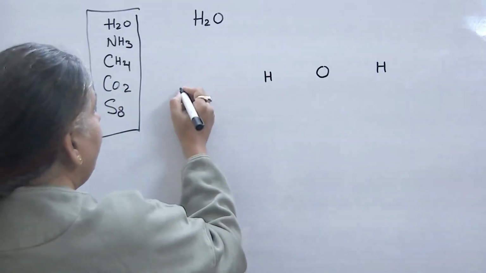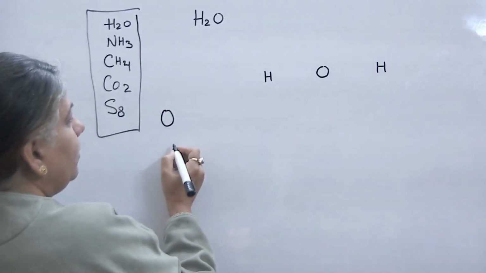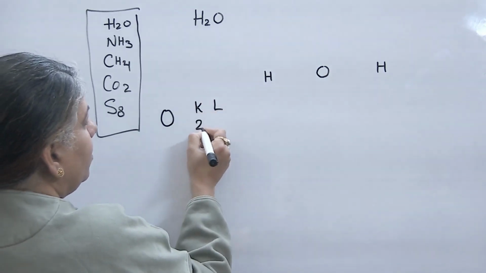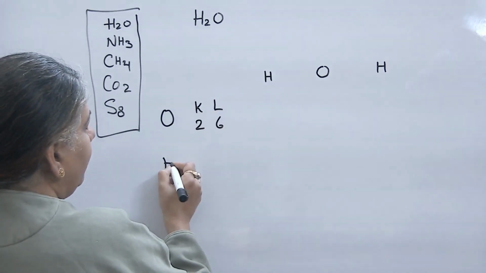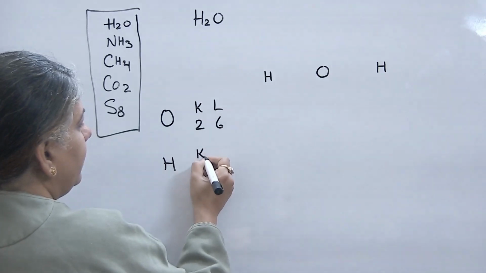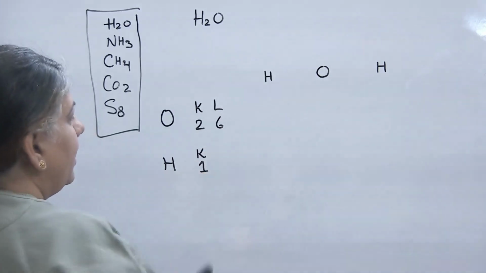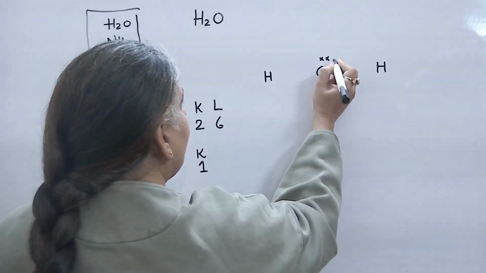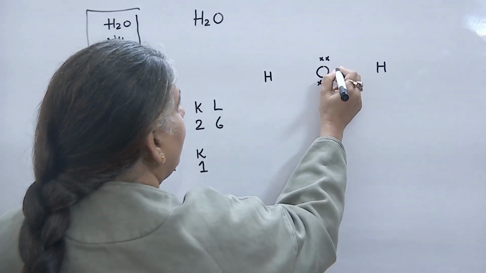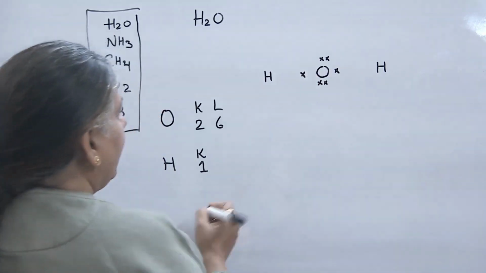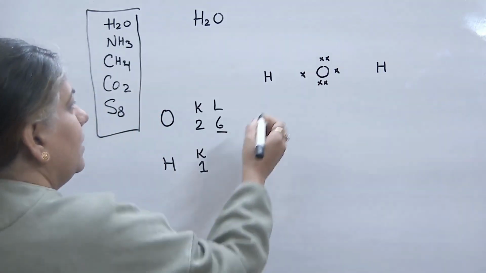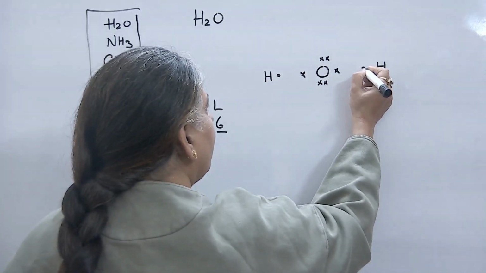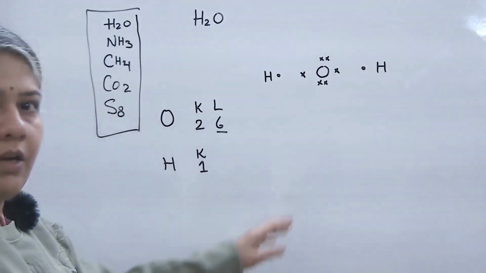So let's arrange again. In oxygen, you must be thorough with the electronic configuration, 2, 6, and hydrogen has just one shell, one electron. So let's place 2, 2, 4, 5 and 6 electrons of oxygen, and the electron of hydrogen is denoted by a dot just to separate it from oxygen.